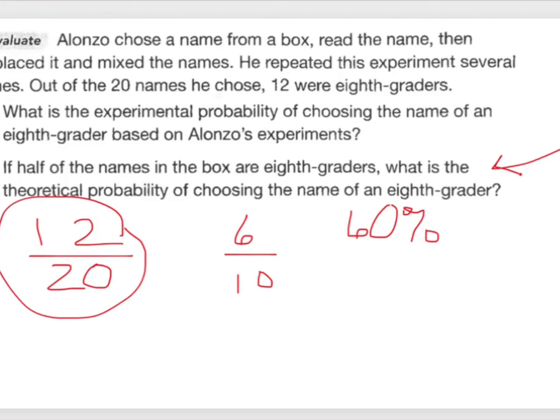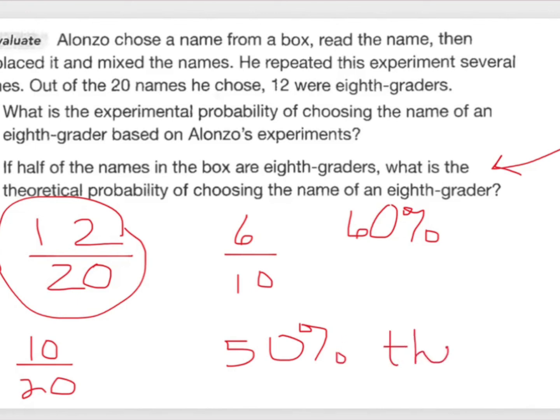And out of the 20 names, there are 10 8th graders in the box. So the theoretical probability, so this one was the experimental probability based on what actually happened. But theoretical, there are 10 out of 20, which we know is 50%. That is the theoretical probability. So theoretical was 50% and experimental was 60%.